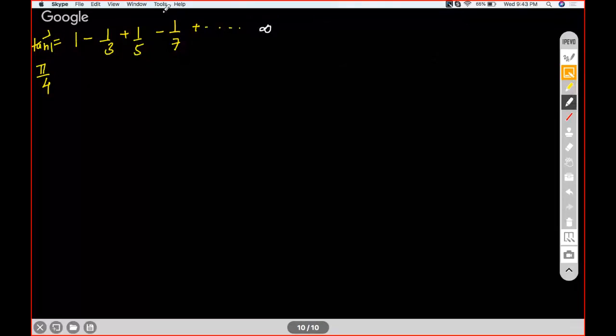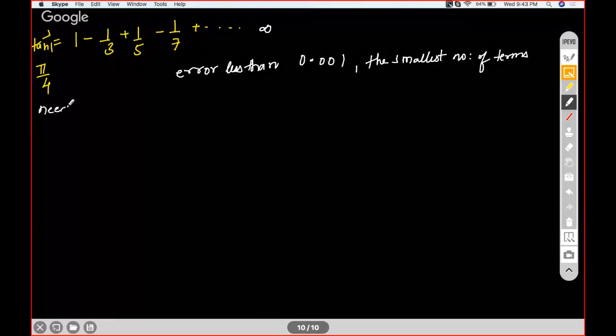Now the question is, if this series is used to approximate pi by 4 with an error less than 0.001, then the smallest number of terms needed is: option A 100, option B 200, option C 300, option D 400, option E 500.